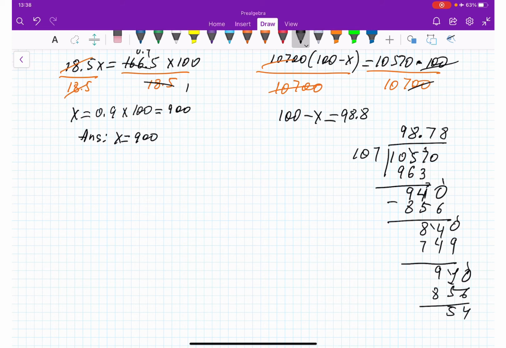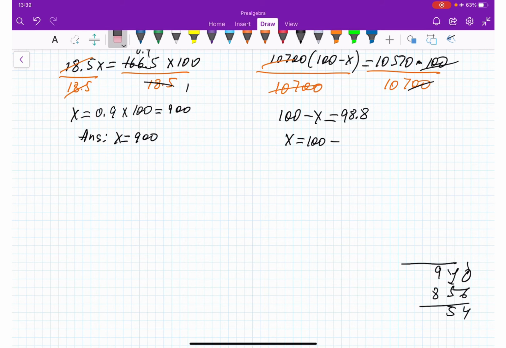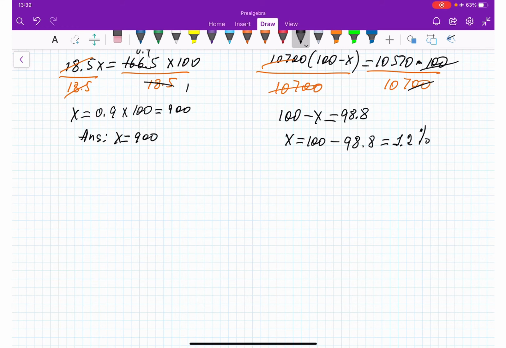All right, and from here, x is equal to 100 minus 98.8, and it's going to be 1.2%. And this is going to be the answer. Question number 9.